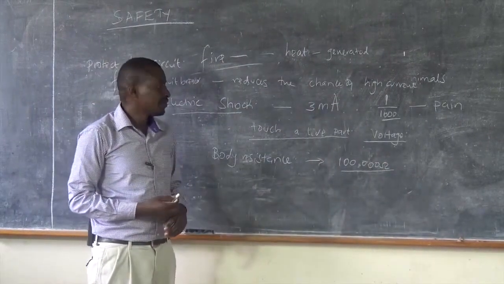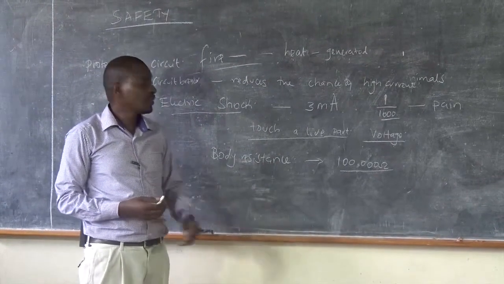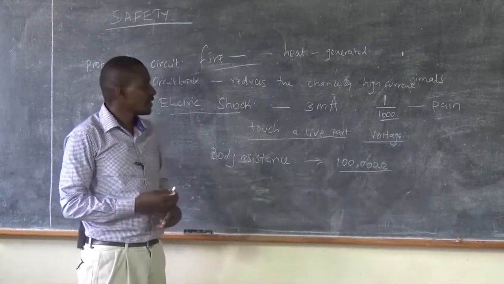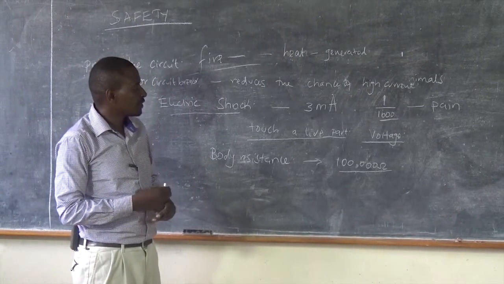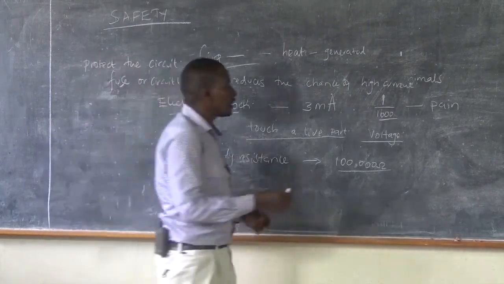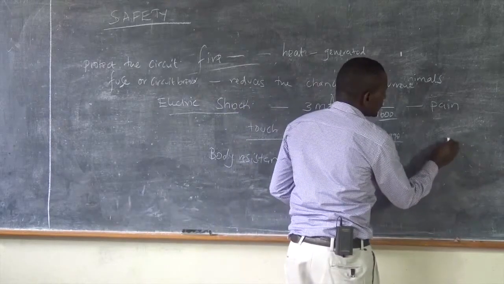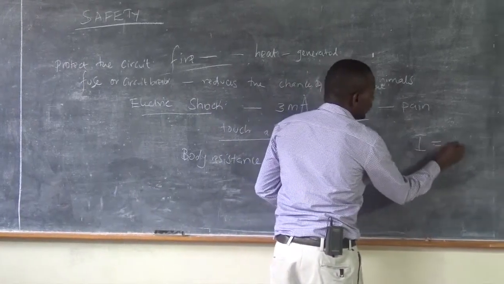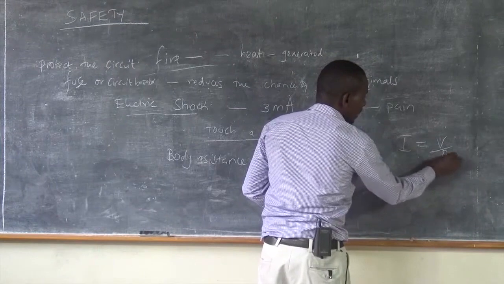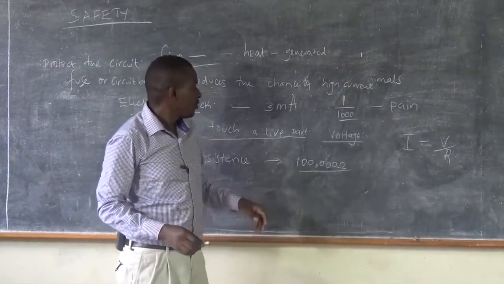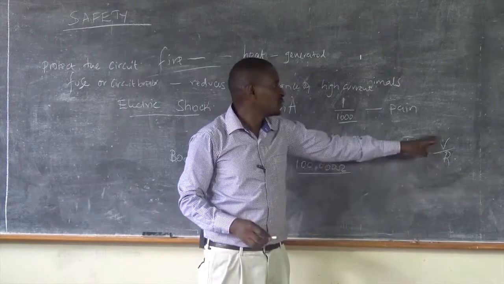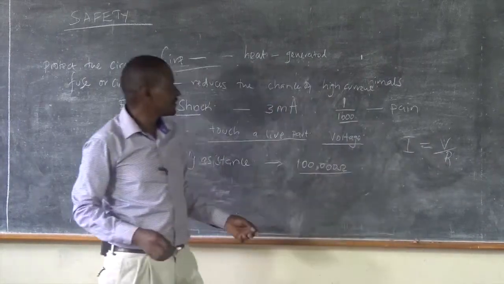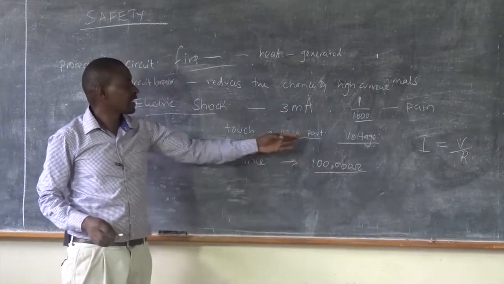But if you are on a wet surface, this body resistance is likely to decrease, and if it decreases, now according to Ohm's law, which says that I is equal to V over R, remember, your body resistance forms R, and voltage is dependent on the voltage on the live part.